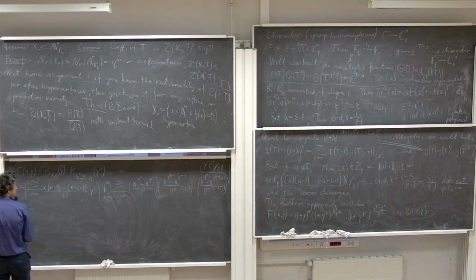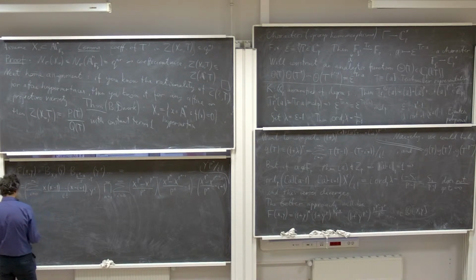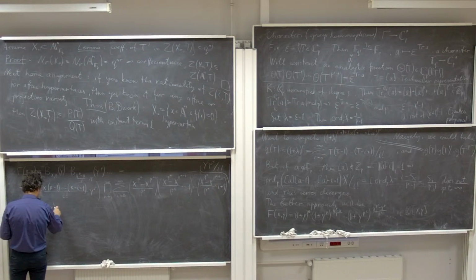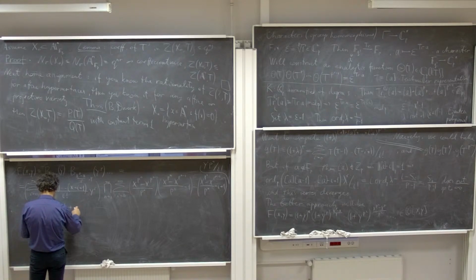Okay, so this is just the definition of binomial functions, and so we get a function of two variables. So it starts with 1, and the first coefficient in x is also 1.